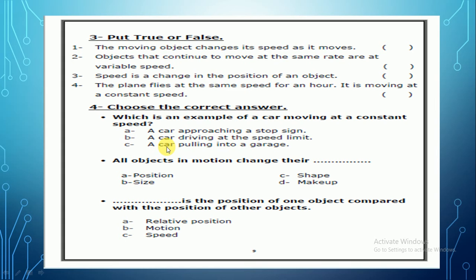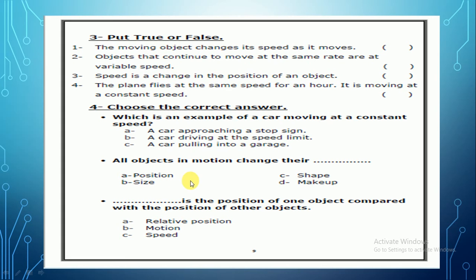Letter C, a car pulling into a garage. This car seems to be stopped. So, B, excellent. A car driving at the speed limit. Why? Because the speed limit means it doesn't change the speed.